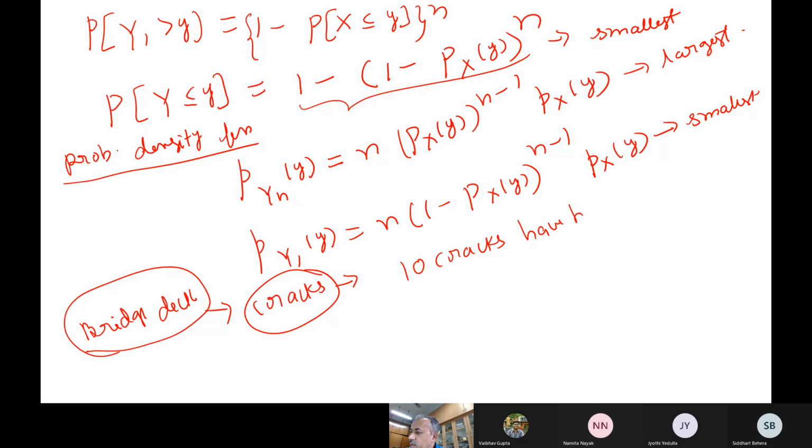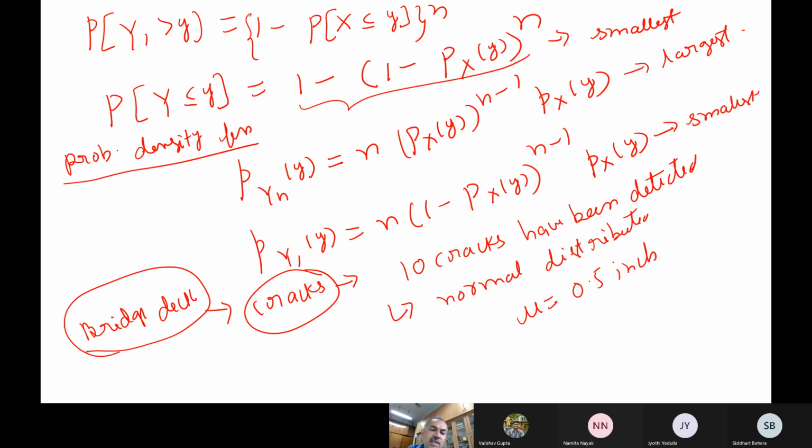They have assumed that these are normally distributed. The mean value is 0.5 inch and the standard deviation is 0.05 inch. So 10 cracks are there, and the assumption is that they all come from a normal distribution.